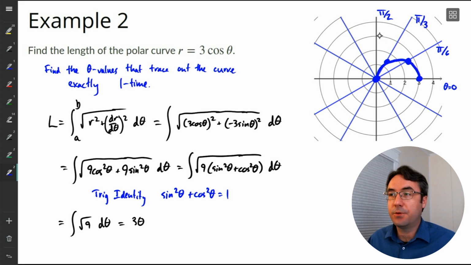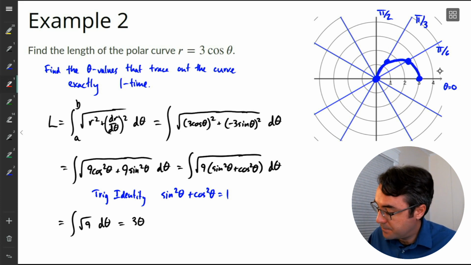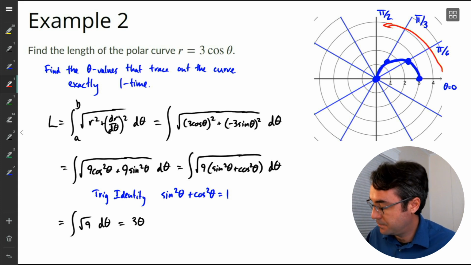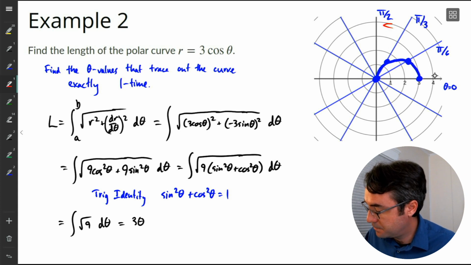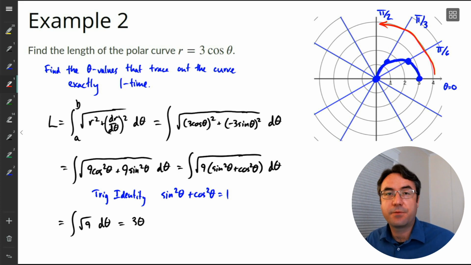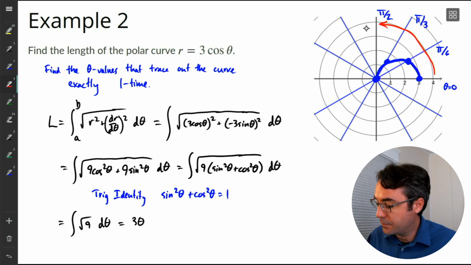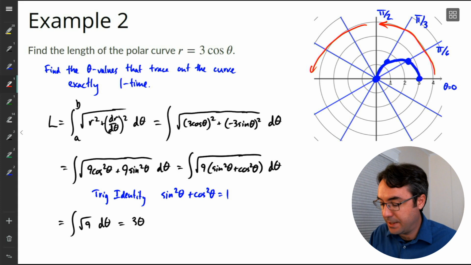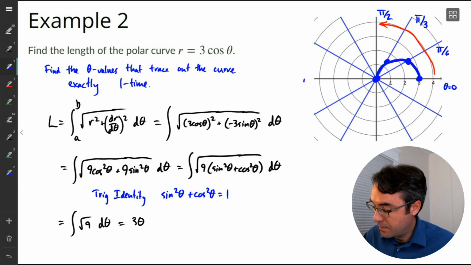So this is what we get going from 0 to pi over 2. Now what about from pi over 2 to pi? What do we get going from those?